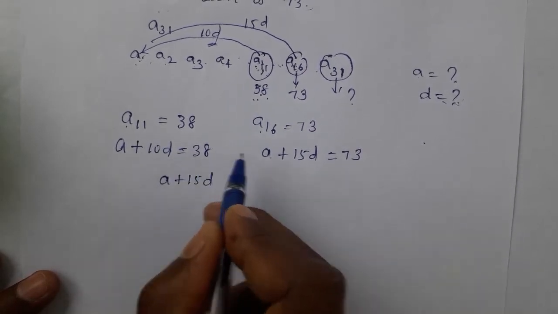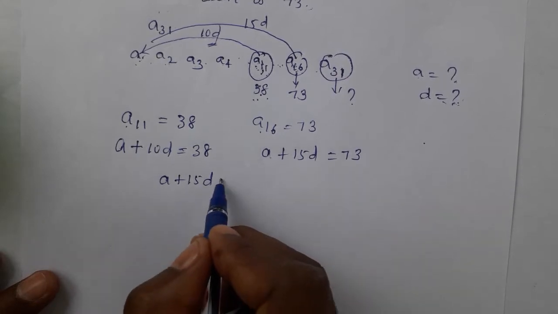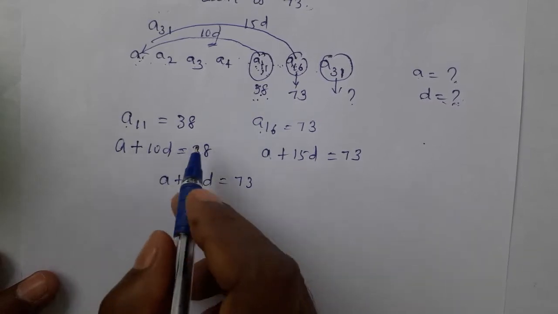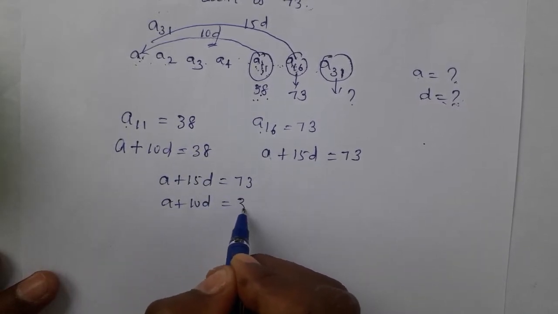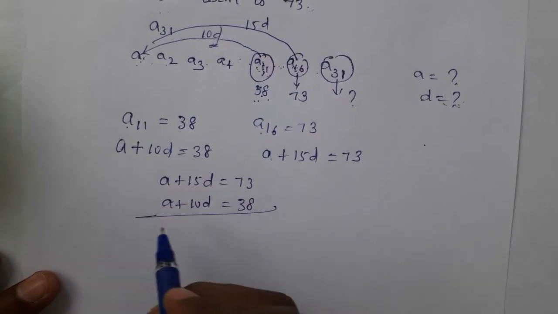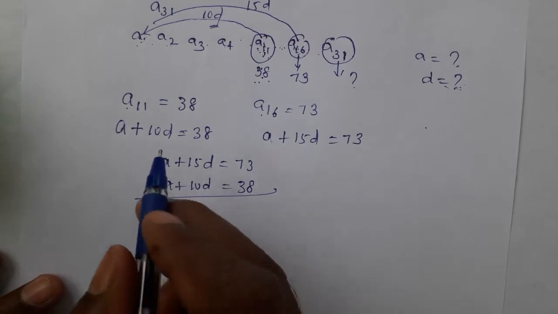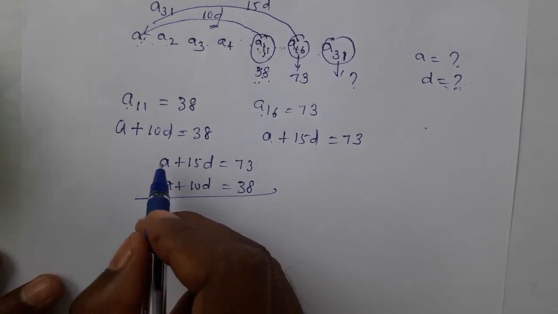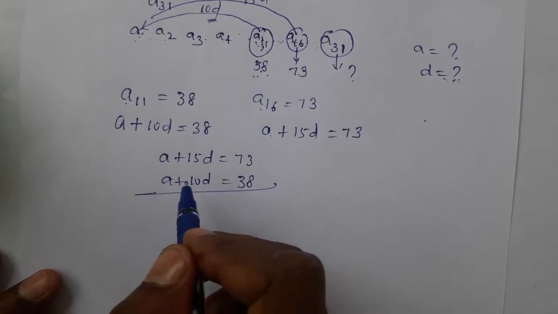How to solve linear equations? In these two, the equation having the larger value, you first write: A plus 15D equal to 73. The other linear equation of two variables we write just below that equation. We'll put a line. This is called the elimination method. What is the elimination method? By sign changing. To get A and D values, we have to eliminate any one.